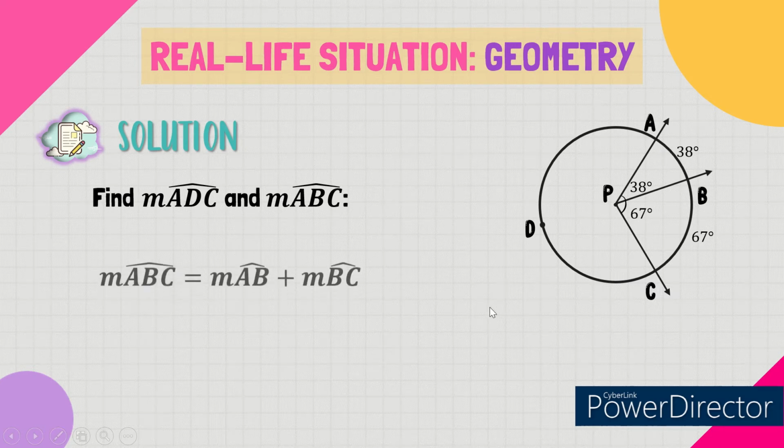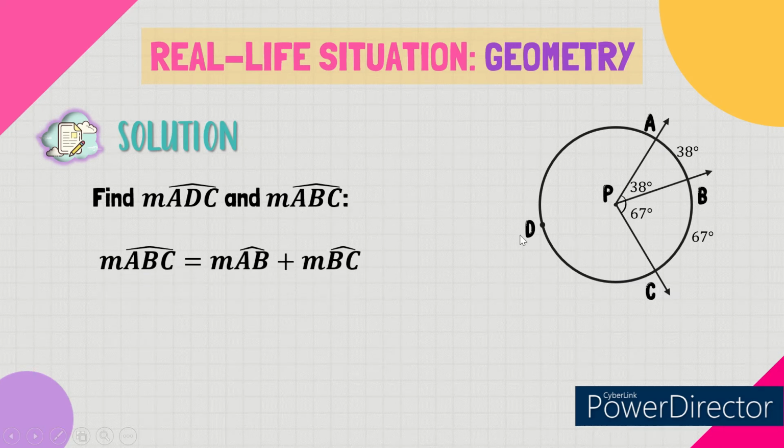As I mentioned earlier, we will just add the measurement of arc AB and arc BC, and their measurements are already given. So let's just substitute. Arc AB is 38 degrees, and arc BC or arc CB is 67 degrees. Together, if we add them, it is equal to 105 degrees.